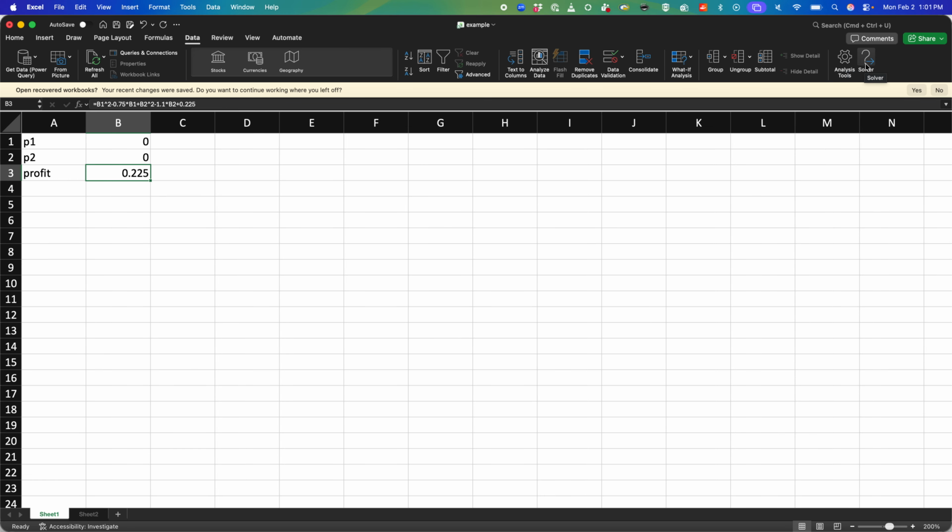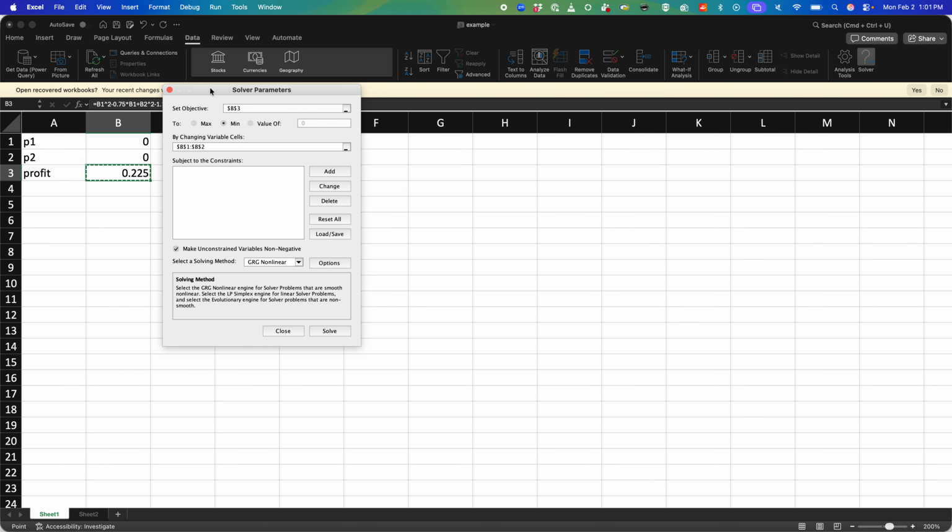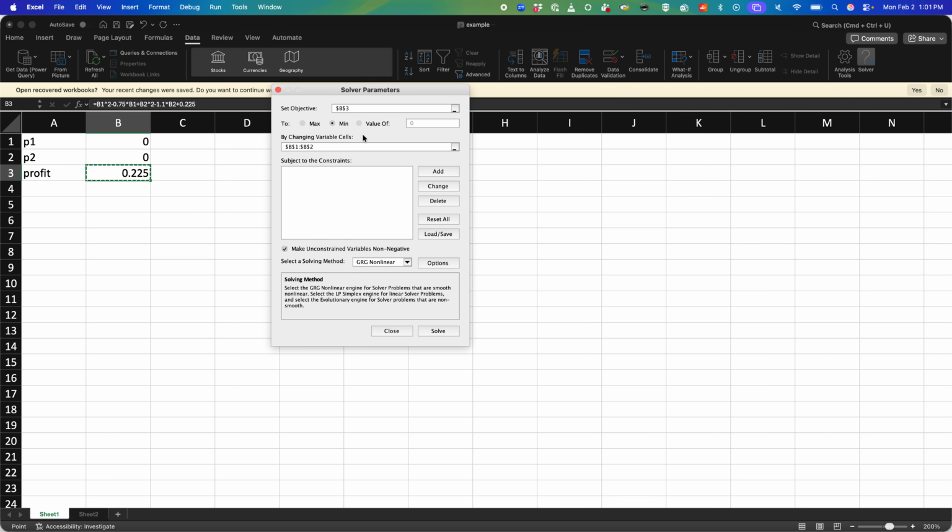So I'm going to click this Solver button, and here we can see this new text box come up, which helps me set up all of the things that I need for my optimization.